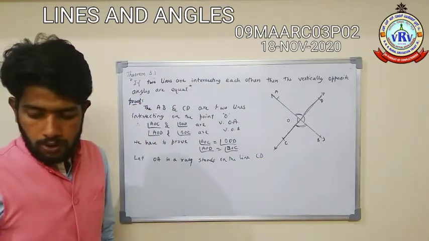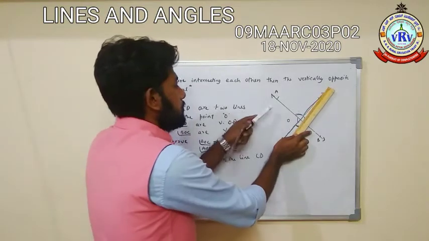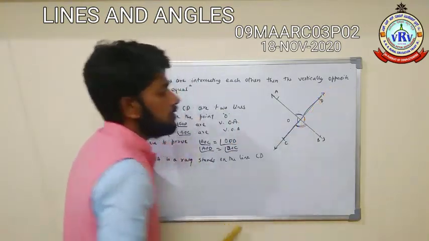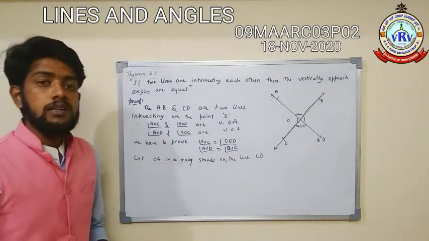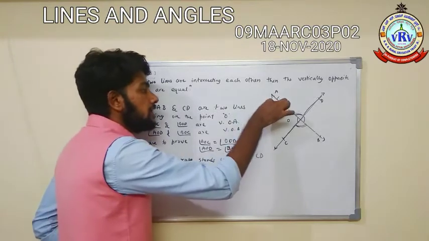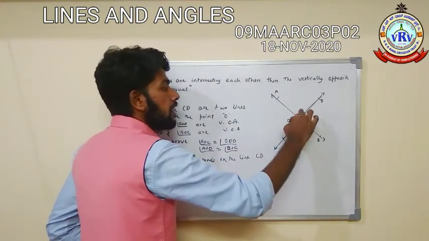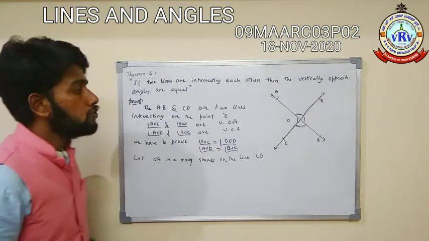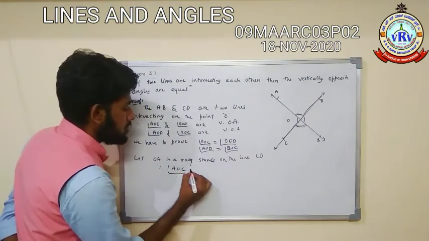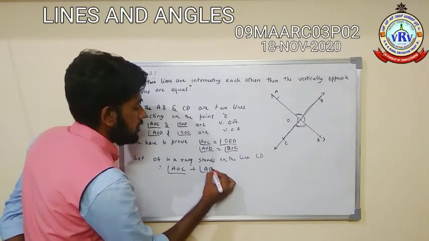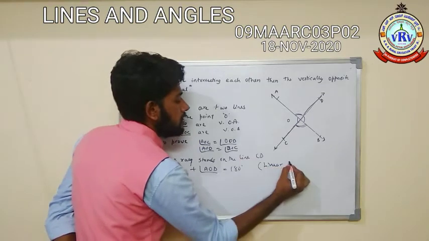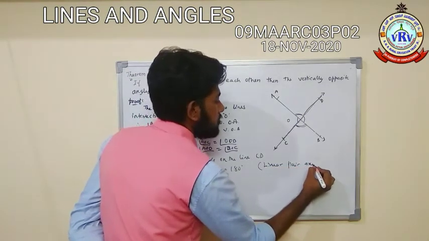If you think only of the upper portion, OA is a ray standing on the line CD. From the linear pair axiom that we studied in the previous class, if a ray stands on a straight line, the sum of the adjacent angles is equal to 180 degrees. Therefore, the adjacent angles AOC plus AOD is equal to 180 degrees, because of the linear pair axiom.